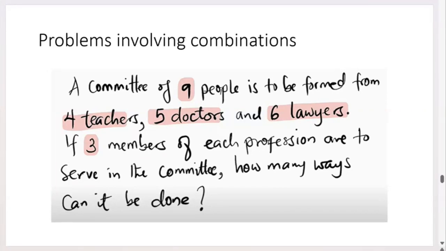So now you want to select 3 members from each profession. What is it that you want? Once you say you want to select, that's not what it's saying, but that is what it is implying.